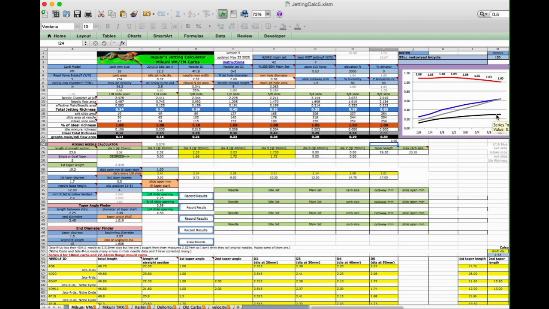They overlap. The main affects all the way down here and the needle affects all the way up here, even though this area is mostly the main and this area is mostly the needle. Okay, so like I said, the red is the difference between these two. And so 1.0, this one right here, is perfect. Anything above that is rich, anything below that is lean.